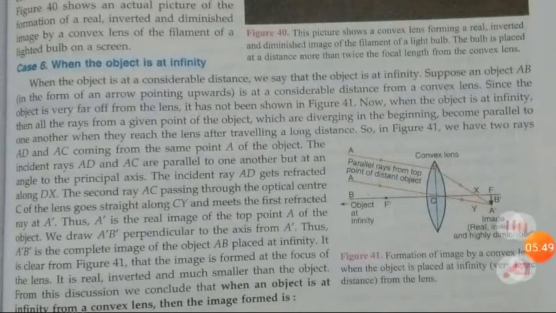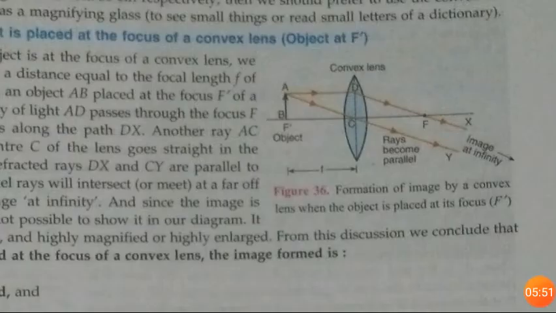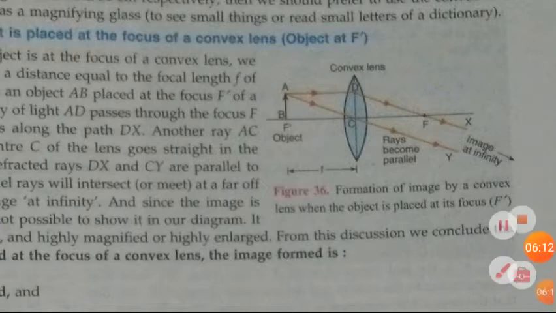Let me show you that. So this was our case 2 when the object was at focus, and after refraction the rays become parallel to each other, and we have imagined that they will meet somewhere in infinity. So when the object was at f, the image was formed at infinity. Now just the opposite case will be here.